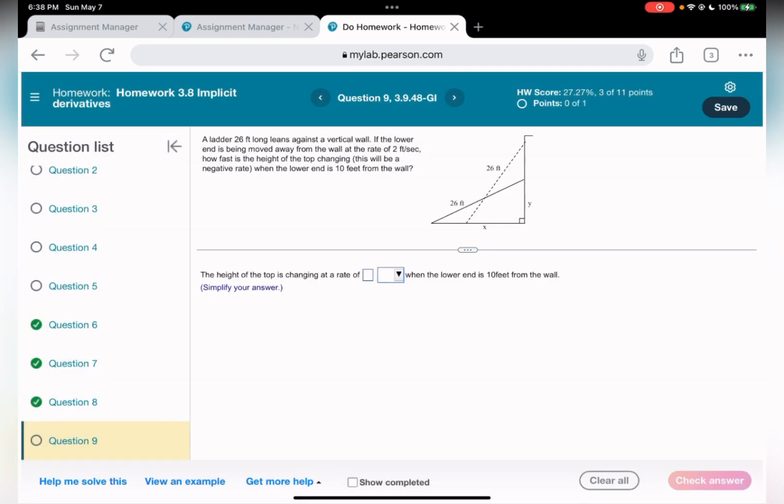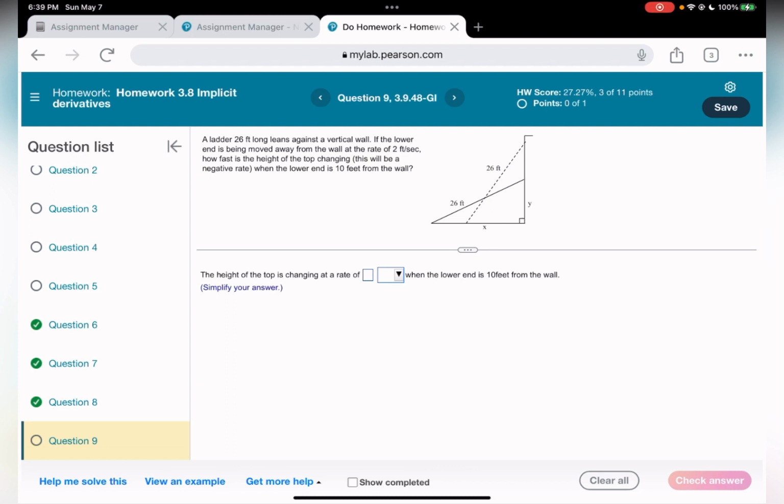Okay, we made it. Now moving to question number 9. I guess I will take a picture of it right away, and maybe the whole problem also.